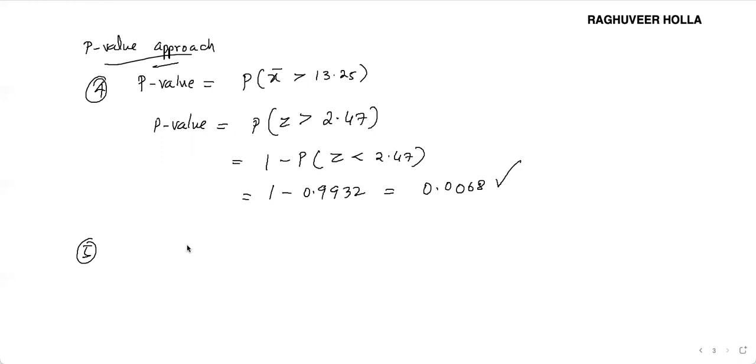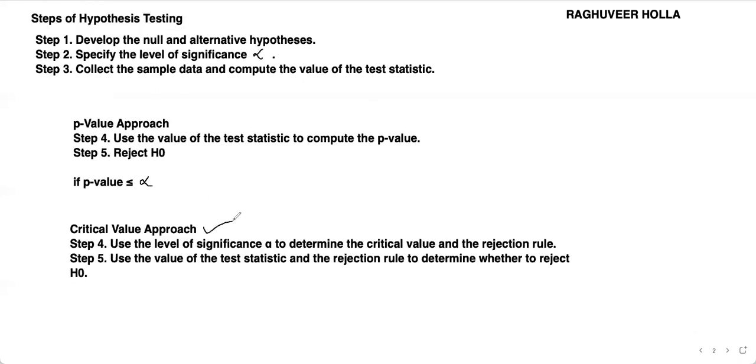Now this value is 0.0068, which is less than or equal to alpha, which is 0.05. So hence we reject H naught. This is the p-value approach.